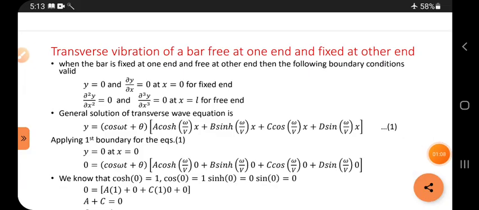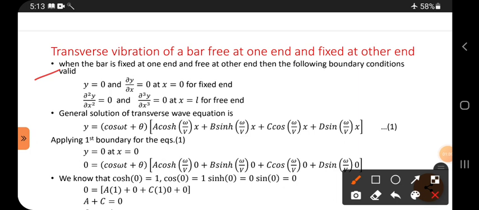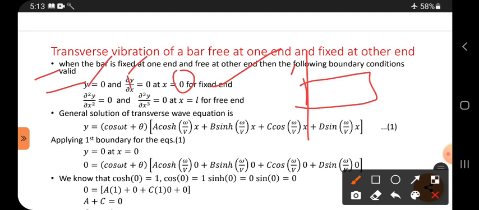Okay, so when the bar is fixed at one end and free at the other end, the following boundary conditions are valid. What are the boundary conditions? y equals 0 and dou y by dou x is 0. These two are 0 at the first end, that means at x equals 0, where the end is fixed.